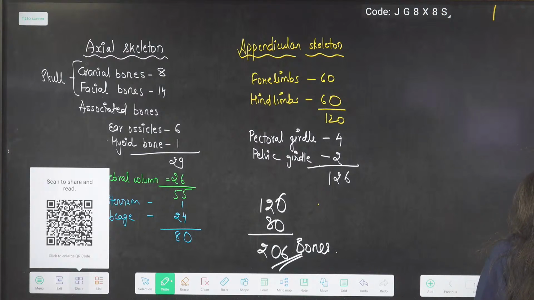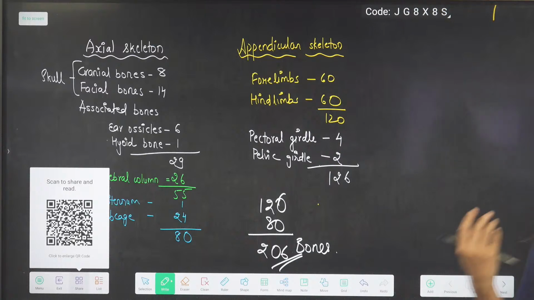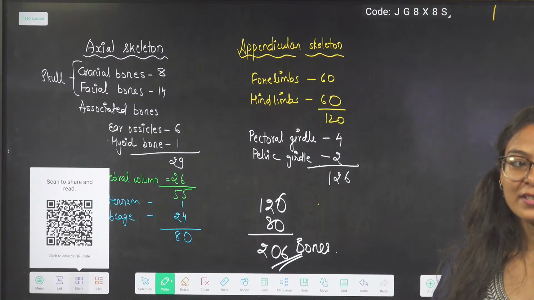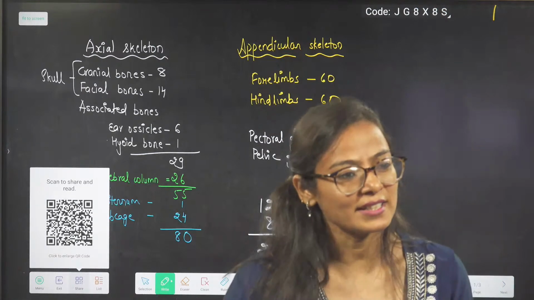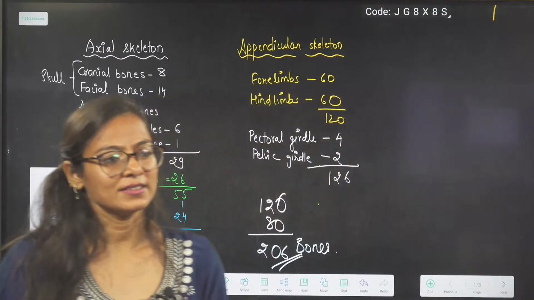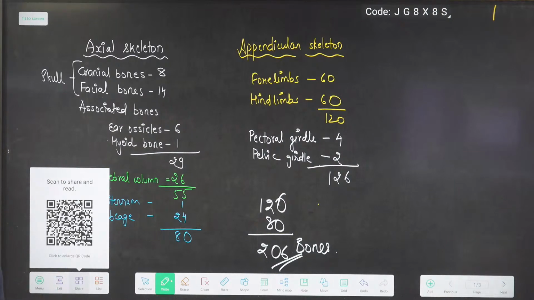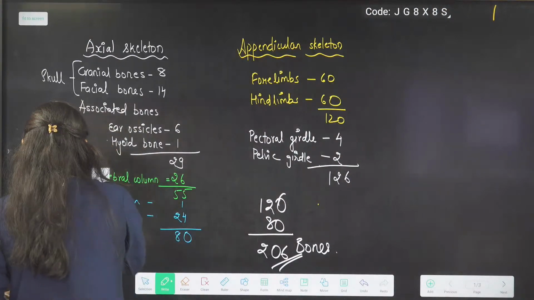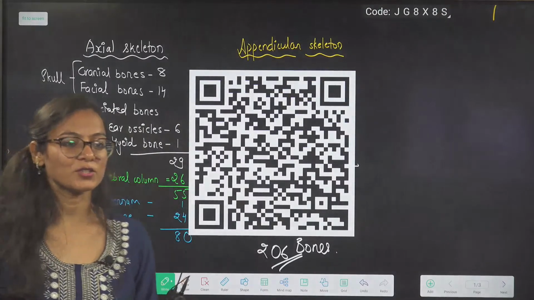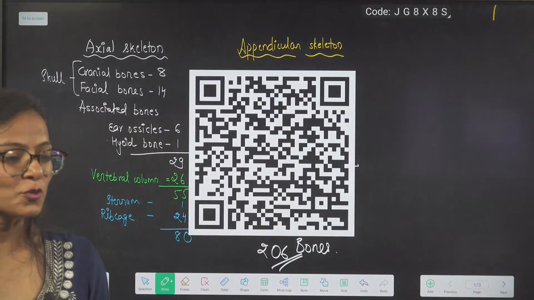For tomorrow's test, just be prepared with the bones of the hands and legs. Very easy questions are there. Whatever I have taught you in class, whatever you have written in the notes, you can just read that. That's it. Yes, I have shared the QR code. You can see over there. I have now enlarged it also. Now you can see a zoomed version of it.